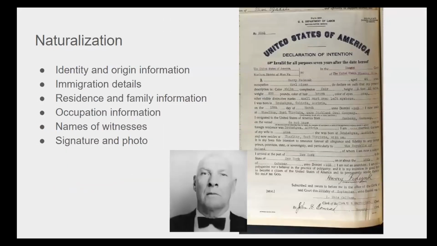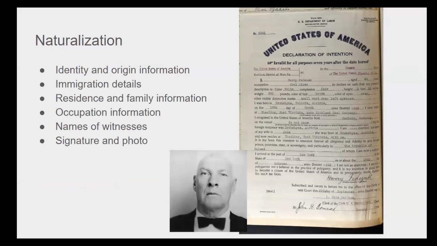Along with passenger lists, it's also important to explore potential naturalization records for your immigrant ancestors. So you'll find information on the National Archives website, which provides insights into the process and available records.